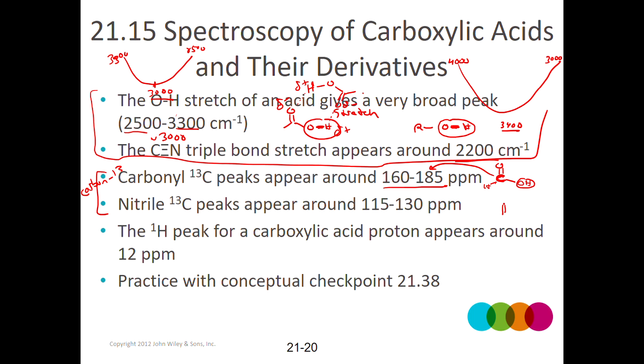If it's a ketone or an aldehyde, where the groups attached are just R or hydrogen, then that carbon, its signal is usually going to be closer to 200, so like 185 to 220 ppm. So it's a subtle difference, but it's something to look for.